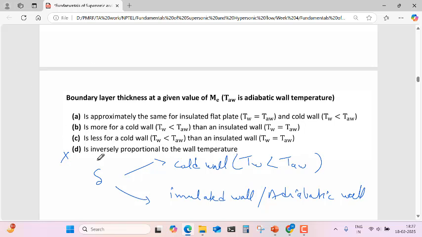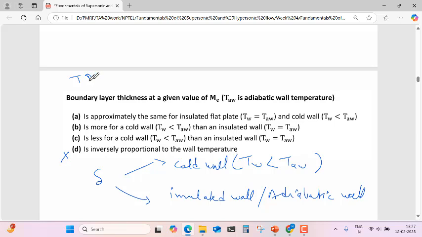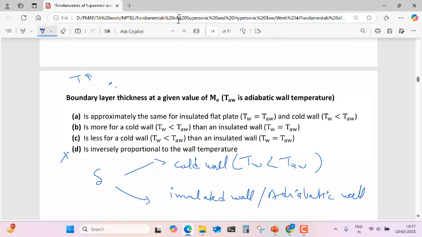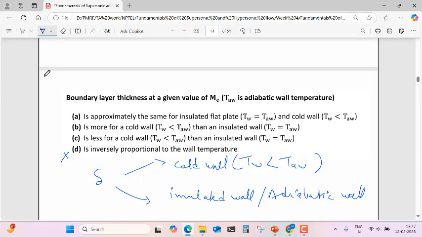Wait, let me check for this one. Any other answer?